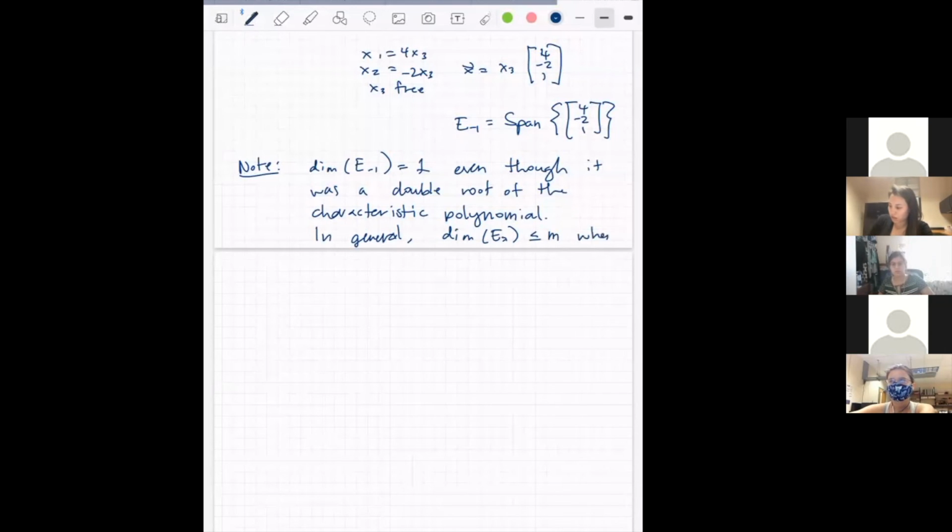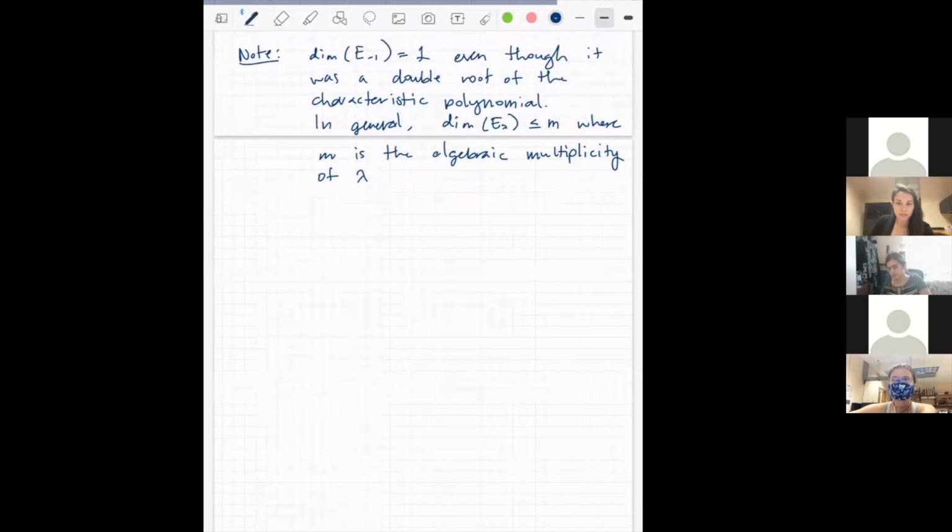So it will be less than or equal to m, where m is the algebraic multiplicity of lambda, right?